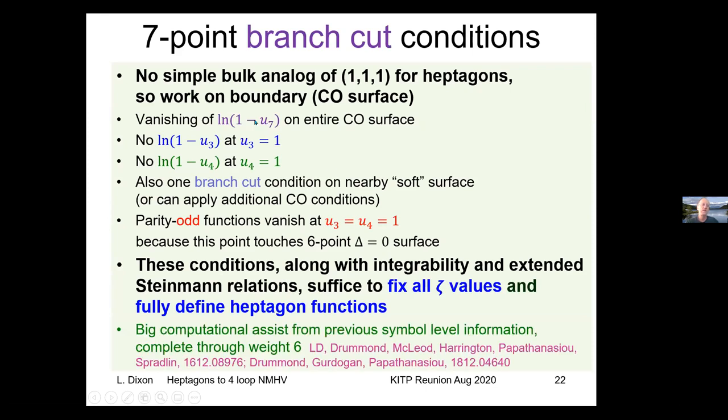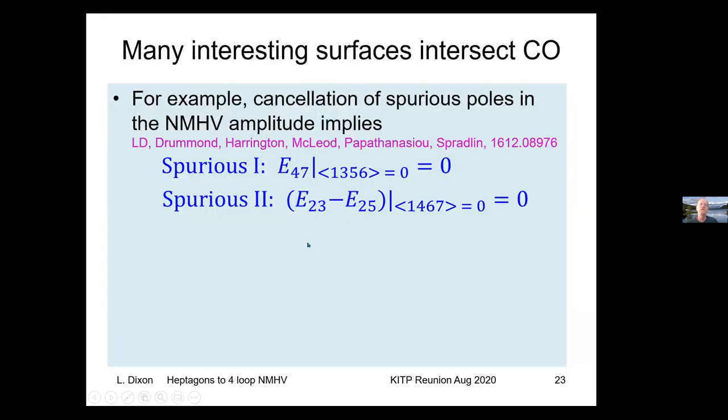There's a fair amount of linear algebra, but most of it was already done at symbol level. And it's fairly light to attach the zeta values because there are fewer functions that have zeta values attached to them. So this CO surface, I showed you the dihedral symmetry acts in an interesting way. But there are also various amplitude conditions, like cancellations of spurious poles, which hold on various surfaces where 4 brackets vanish.